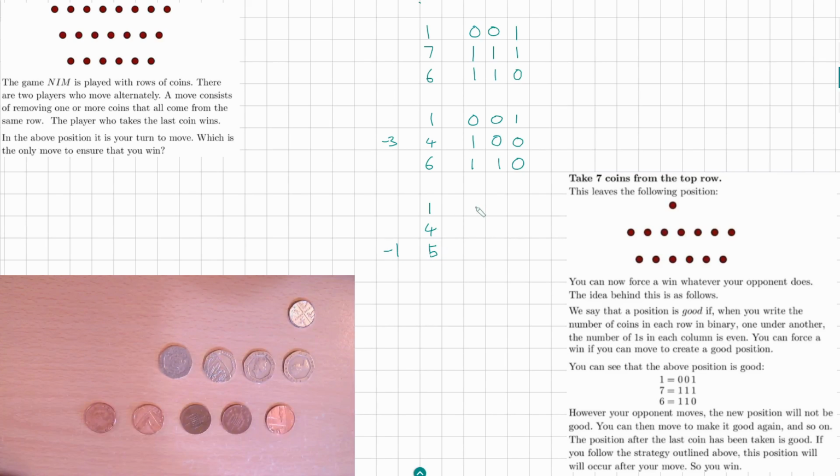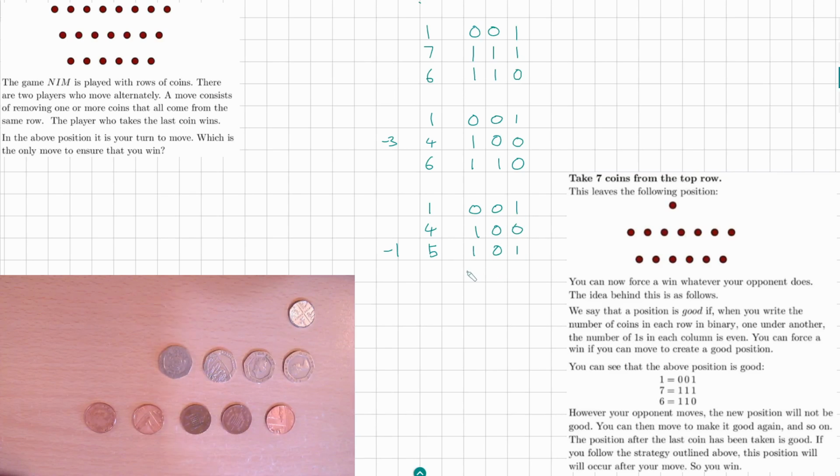Let's rewrite this out in binary again. 0, 0, 1. Unchanged at 1, 0, 0. And 5, well, that's 1 4, no 2's, and 1 1. So now that adds up to 2 in that column, 0 in that column, 2 in that column, even numbers in each column. That's how we want to leave it.